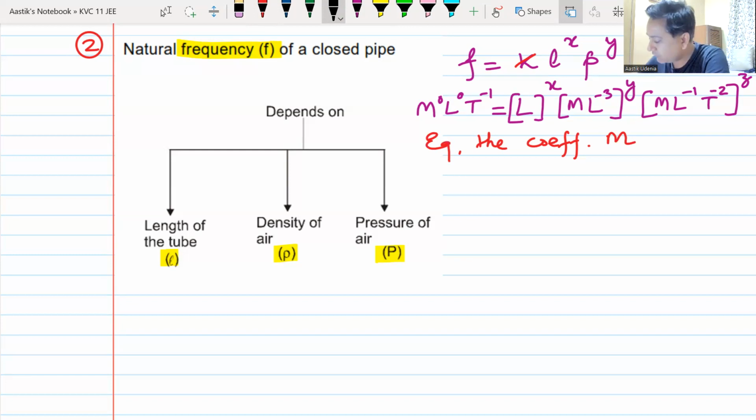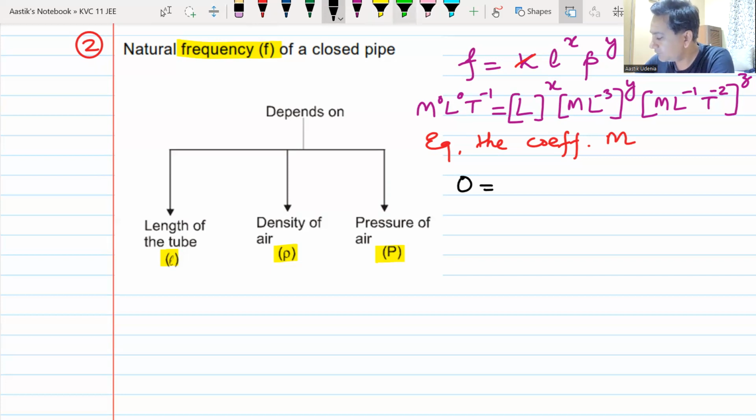0, sir. That is correct. What is the coefficient of M on the right hand side?